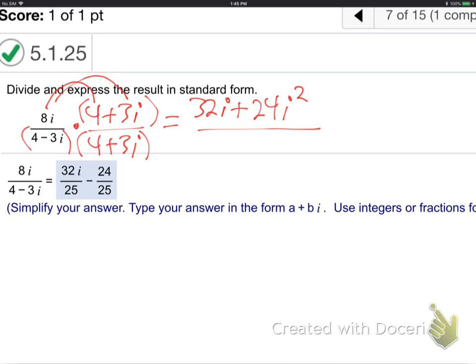And I'm not going to leave that i squared. See how i squared shows up? Remember, I leave regular i's, but I do not leave i squared. I replace i squared. So on the bottom, let's finish the bottom first. That'd be 16 plus 12i, and boom, and a boom, minus 12i minus 9i squared.